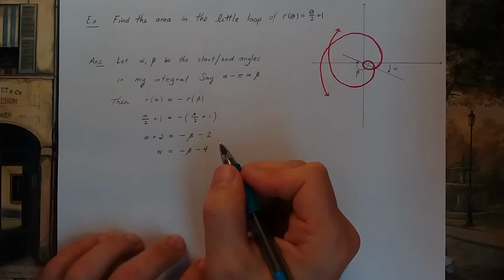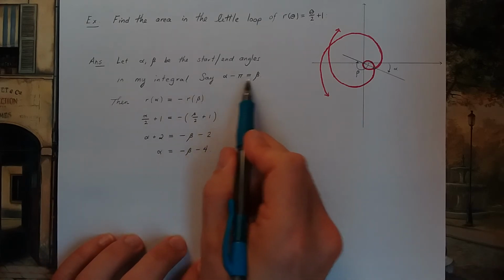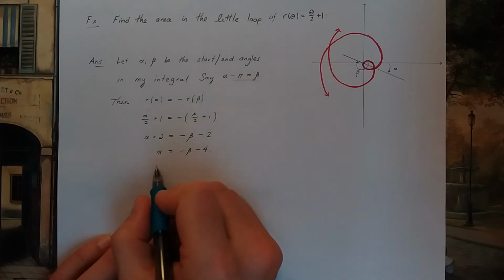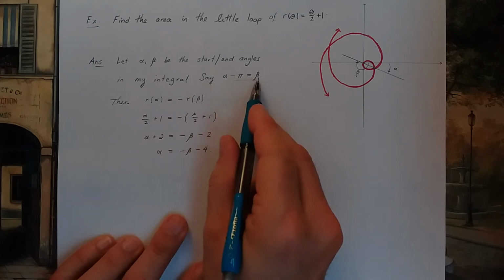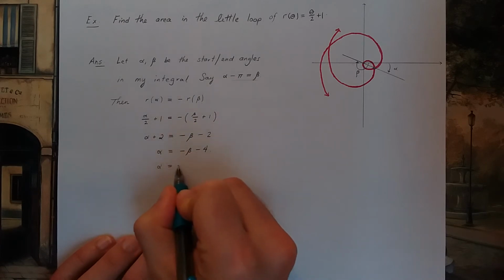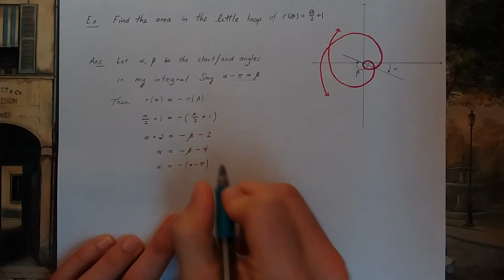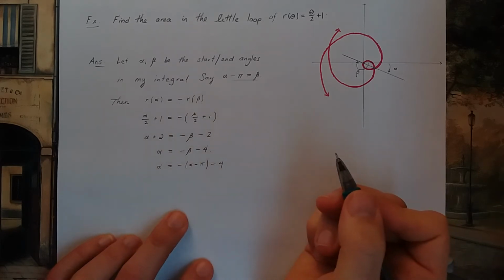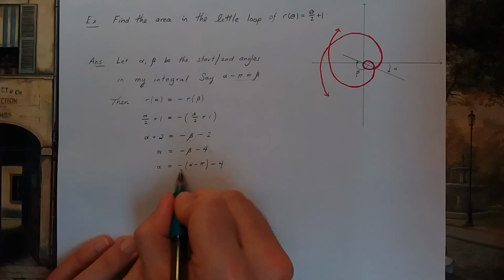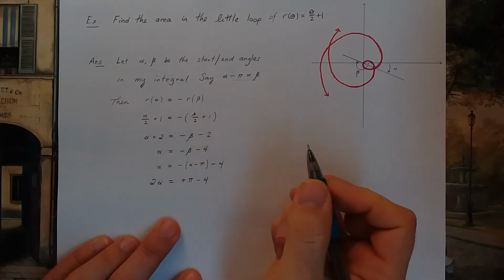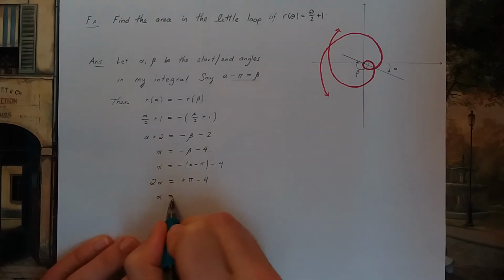Now, alpha is related to beta using this observation. So I'm going to replace negative beta with alpha minus pi. Adding alpha to both sides, I get 2 alpha is positive pi minus 4, which tells me alpha.